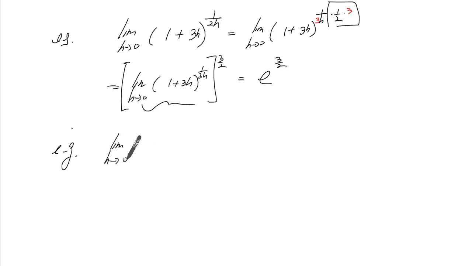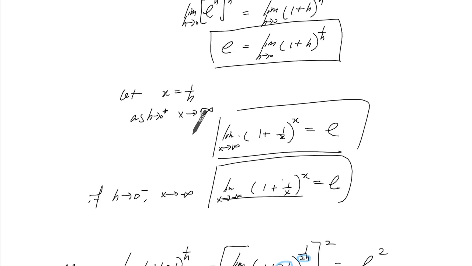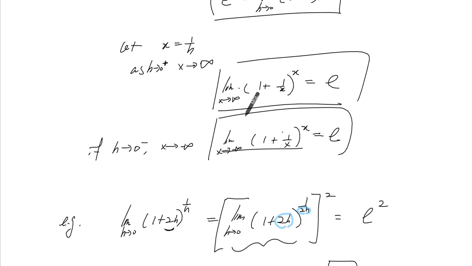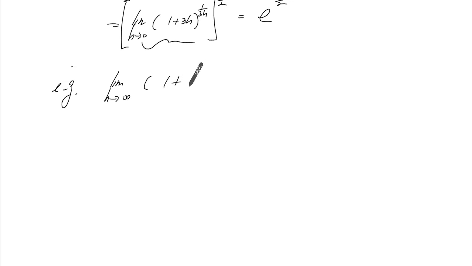So let's do a different one. Let's do an infinity one. So infinity ones, we saw that the property is like this one. Now we have 1 plus 1 over 3h to the power of h. Note that's different. It's approaching infinity, and I have 1 over 3h.